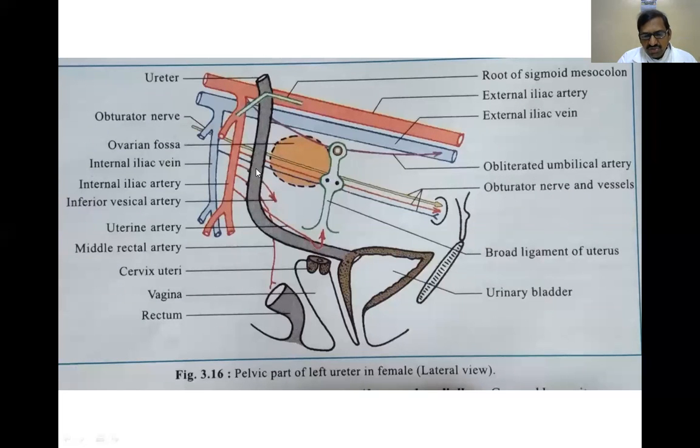These are the branches having lateral relation with the first part of the pelvic ureter. Medially it is covered by peritoneum.